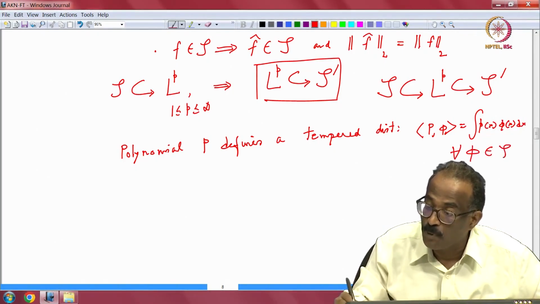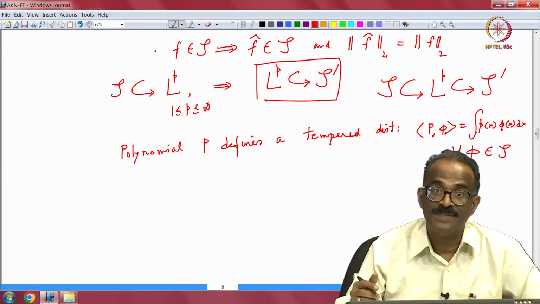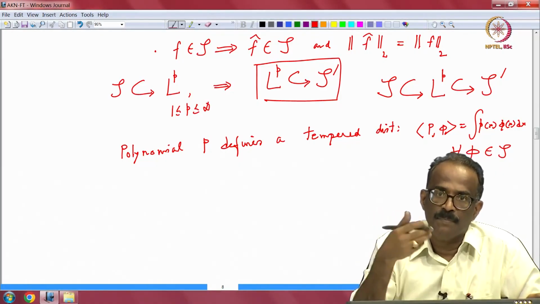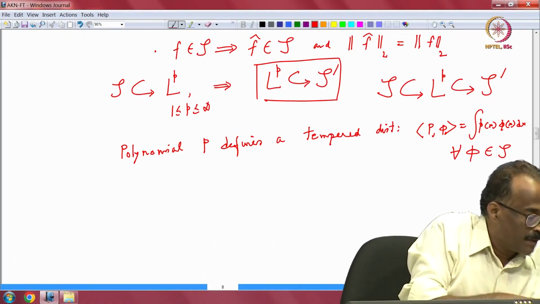Of course, these polynomials will not define distributions with compact support. It will not be in E prime, because it does not have any compact support.